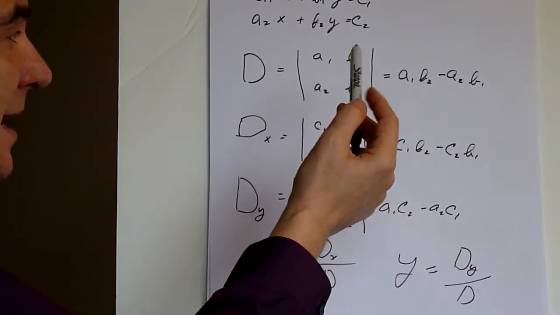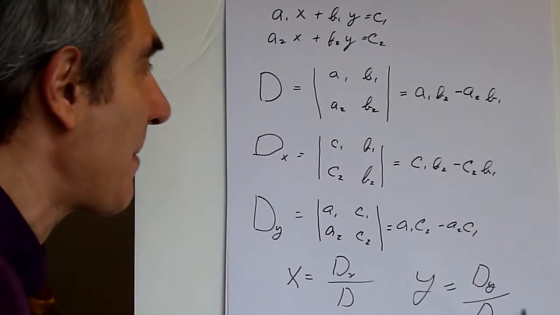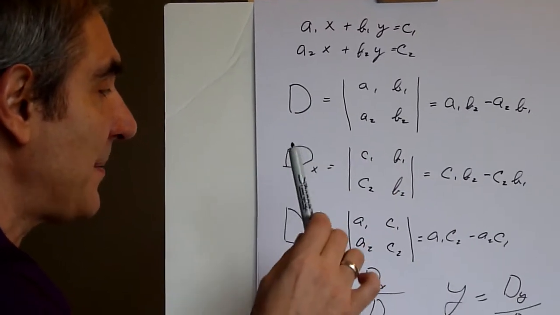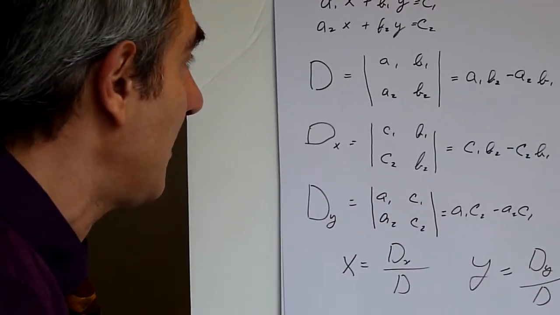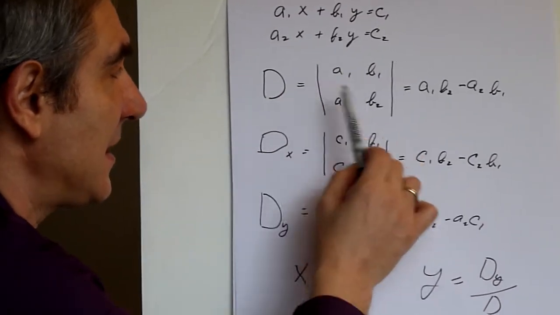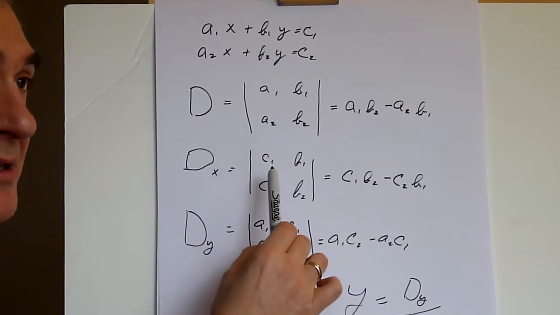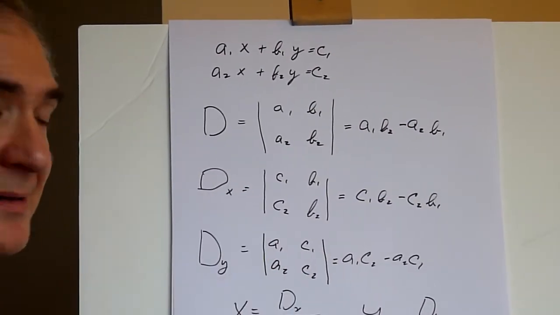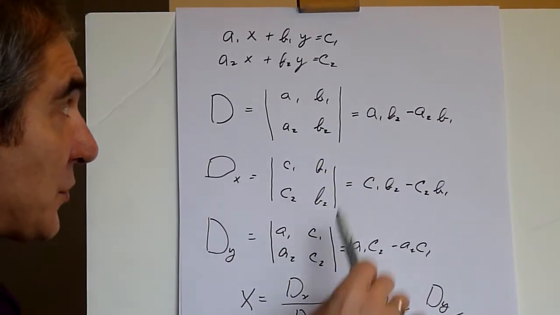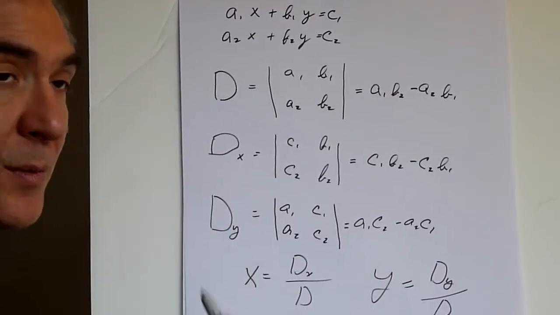The hardest part is remembering how to set up D sub x and D sub y. The coefficient matrix is D. I replace the x coefficients with the constants for D sub x, and I replace the y coefficients with the constants for D sub y.